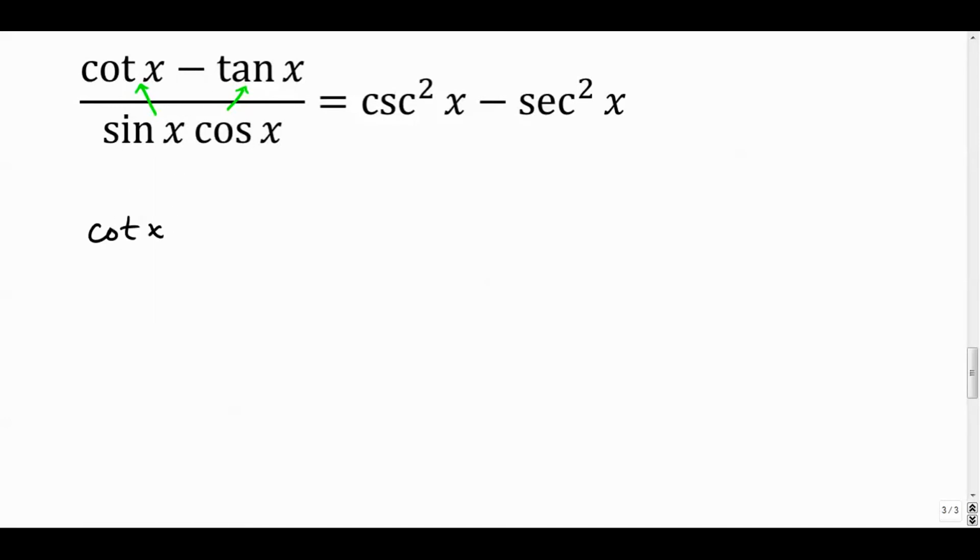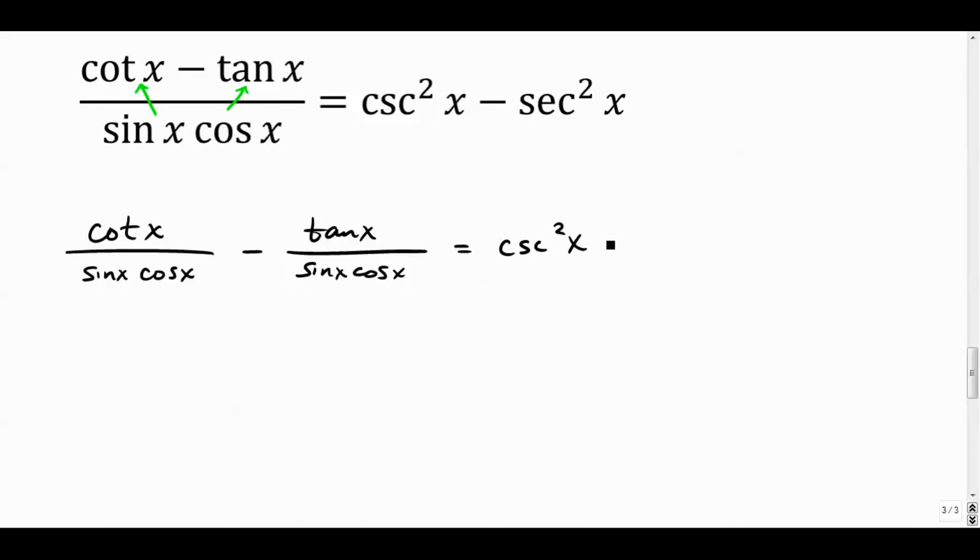So I can take that denominator and write it underneath both numerators. There's a little algebra trick for you. Just make 2 copies of it and split it up. I'm trying to get that to equal cosecant squared x minus secant squared x.